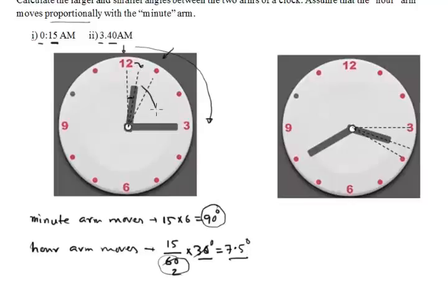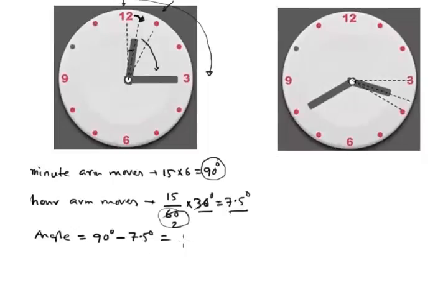So the angle between the hour arm and minute arm will be: the minute arm is moving 90 degrees and the hour arm is moving just 7.5 degrees. So that difference, 90 degrees minus 7.5 degrees, will be the smaller angle between the hour arm and minute arm. So we will get 82.5 degrees.